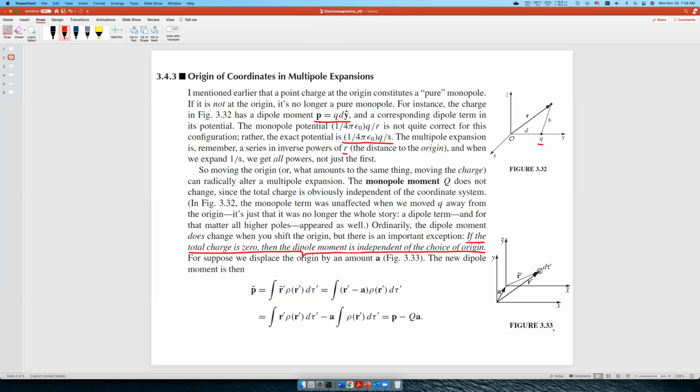Now let's see figure 3.33. If we displace the origin by an amount a for some charge distribution, which is shown here, and we shift either the coordinates or the charge distribution by a vector a, then let's calculate the dipole. Suppose after you change the coordinates by a distance a, the new dipole is p bar.